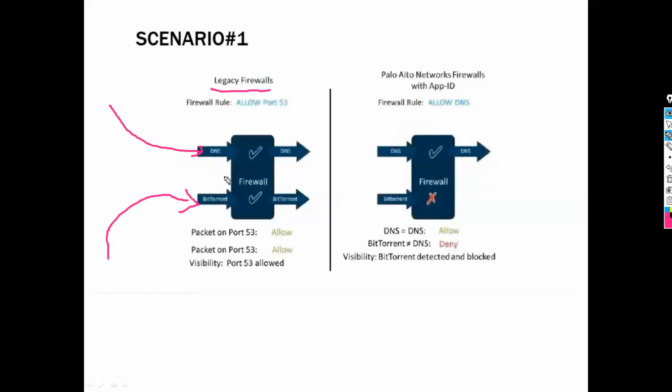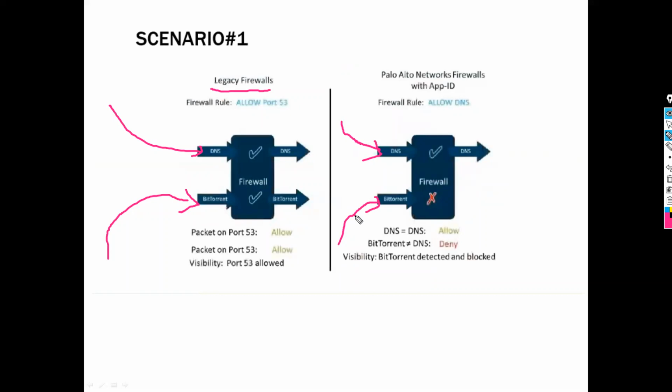But if you are working with a firewall with next generation features, or you can say with the app ID feature, this is the scenario: if you are trying to allow DNS and you want to block a specific application, yes, you can do it with the app ID feature or application control feature. In a FortiGate firewall, it has a signature of applications.